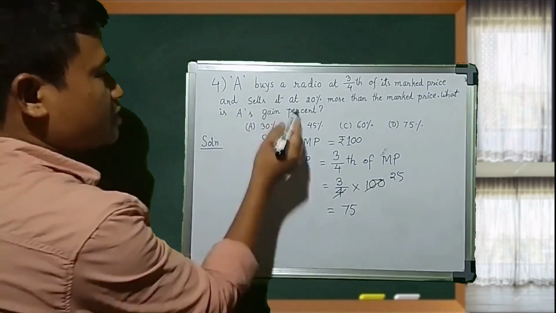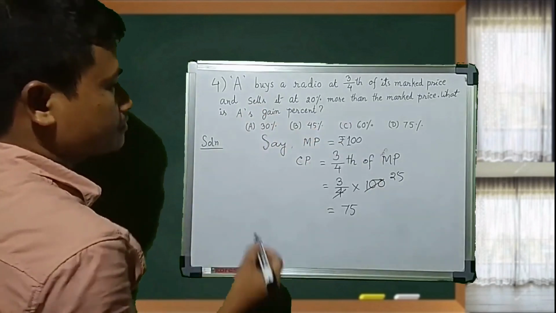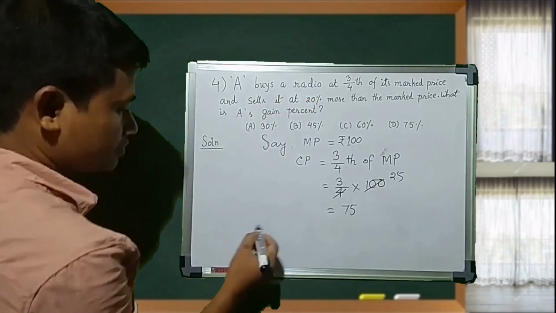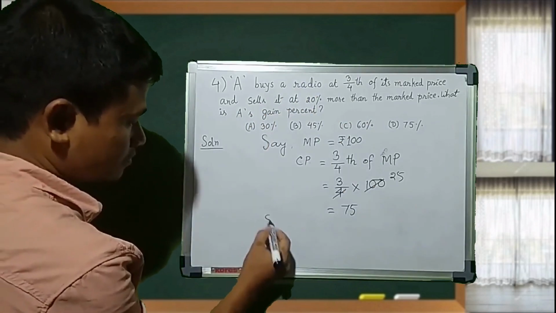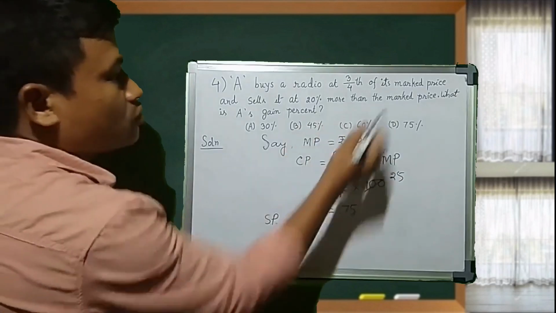Now at what price does A sell the radio? Sell price is 20% more than the marked price.